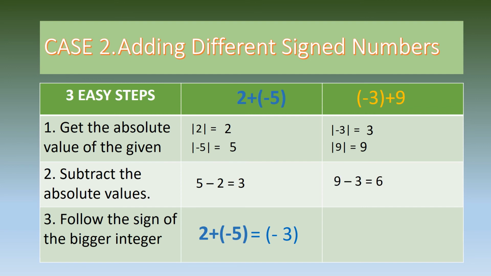What is the sign of 6? Step 3, follow the sign of the bigger integer. Which is bigger, 9 or 3? 9. What is the sign of 9? Positive. Therefore, -3 plus 9 is equal to 6.